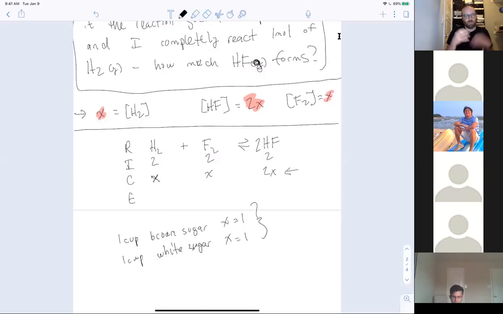The recipe is its own independent thing. How much I have might dictate ultimately how much I can make, but the recipe itself is independent of how much stuff I have. Just like when you're doing a recipe in the kitchen, it doesn't matter how much stuff you're starting with, as far as what the ratios of things are that you add.